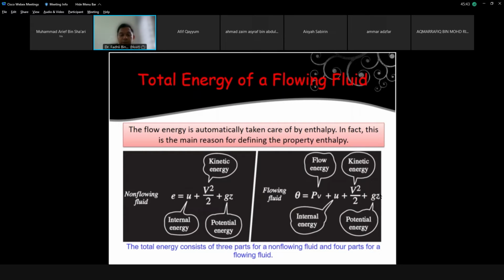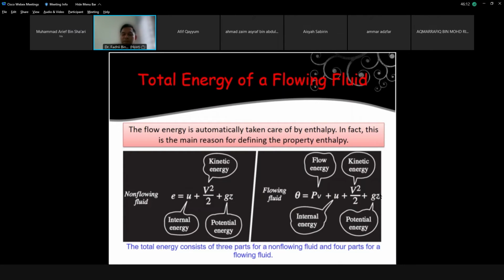But for open system, mass is transferred in and out of the system. That's why kita ada flow energy. Okay, itu sahaja bezanya. So now we have considered that total energy for flowing fluid is a combination of flow energy, internal energy, kinetic energy, and potential energy.